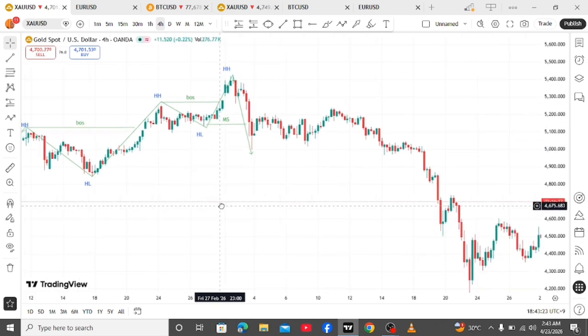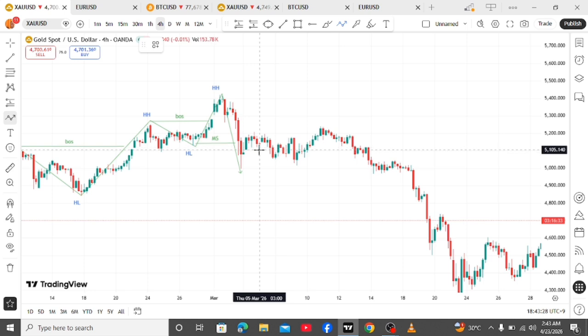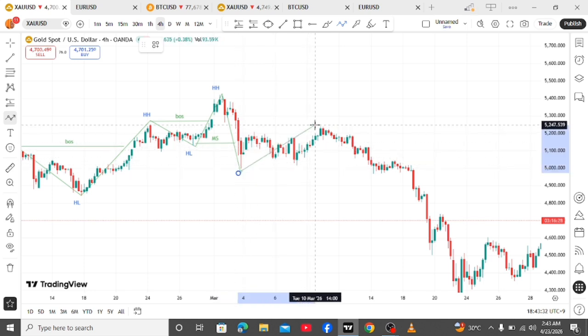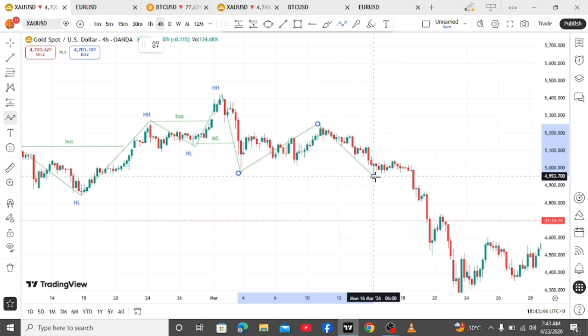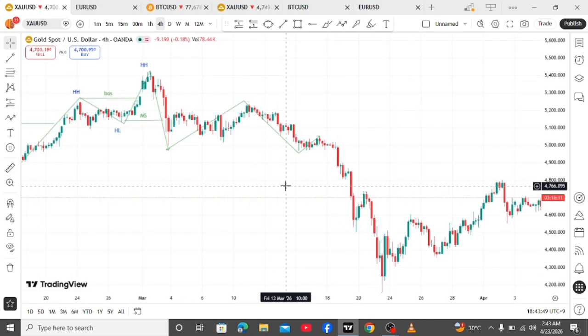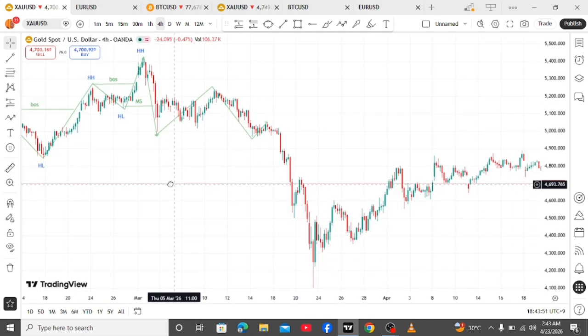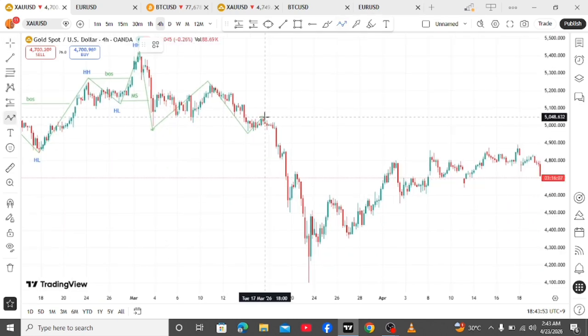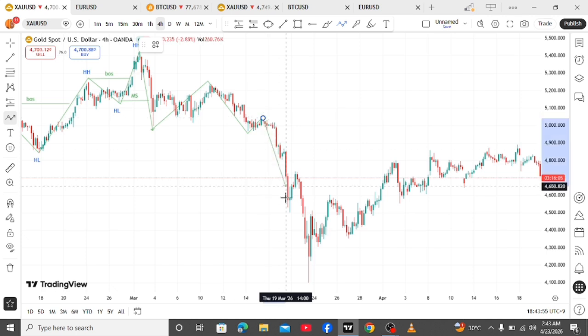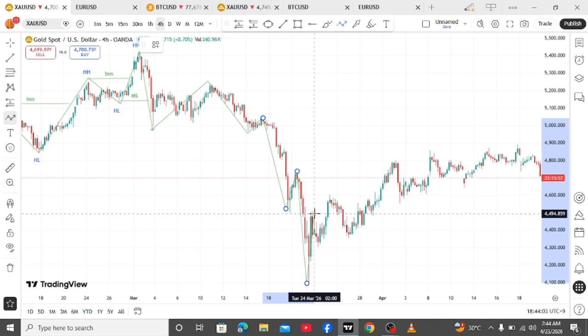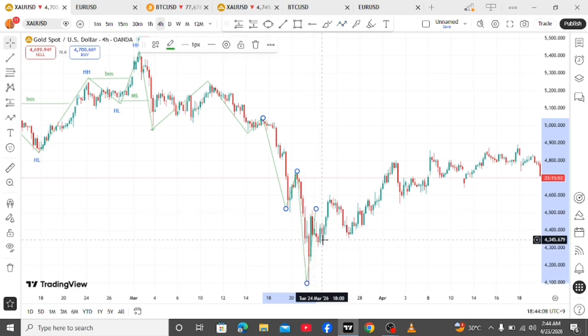So what do we have after that? This is what we'll expect. Lower high and then lower low, then lower high, and this is your lower low, then lower high and lower low, then lower high again. And what do we have here?